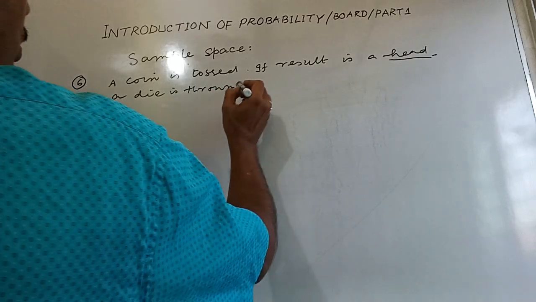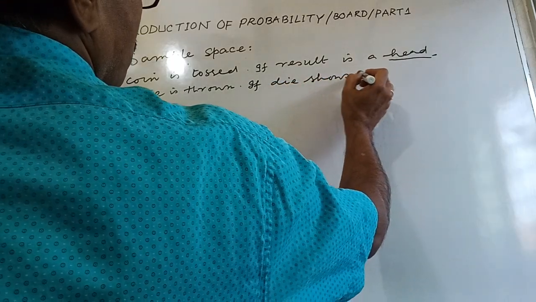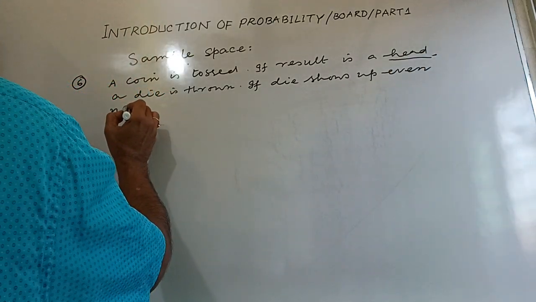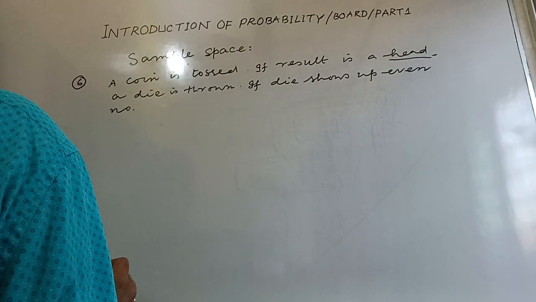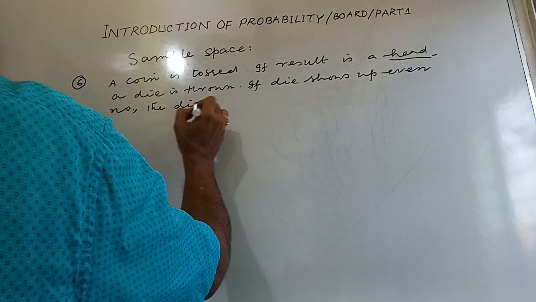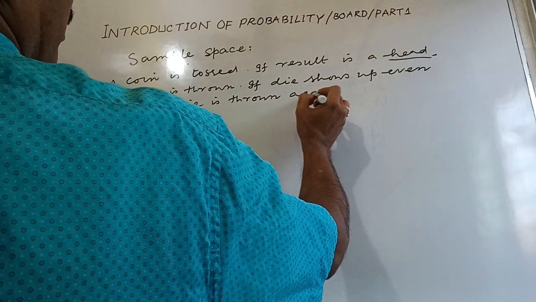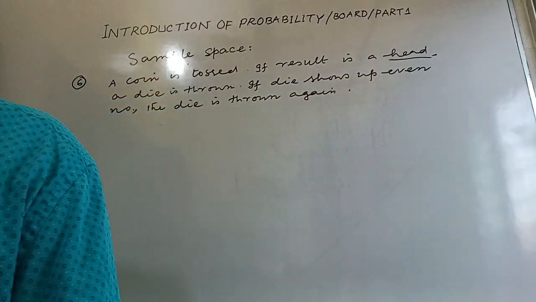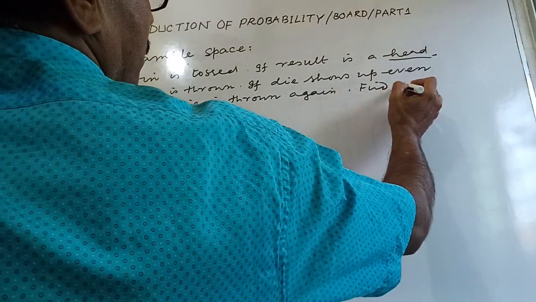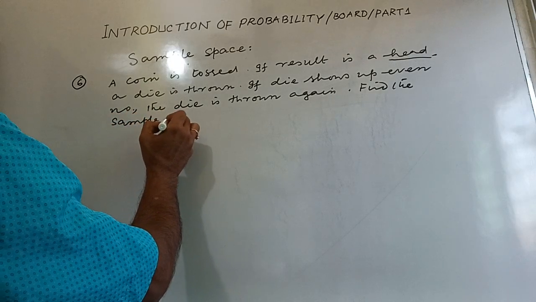If the die shows an even number, the die is thrown again. Find the sample space.